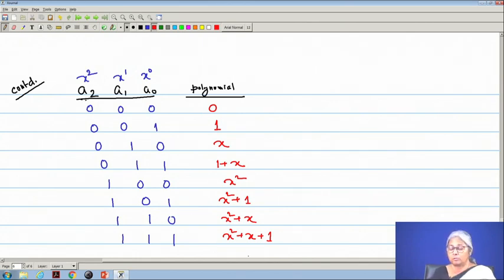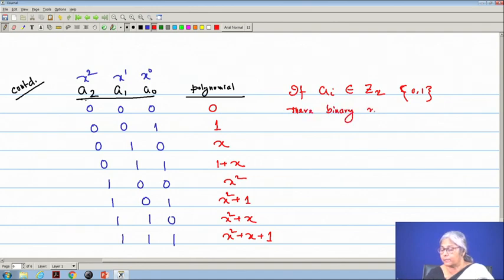So, sometimes we also use this binary representation if it is in Z2, that means if the ai belong to Z2, since it is binary, that means Z2 is 0 and 1. So, there can be a binary representation of a polynomial.